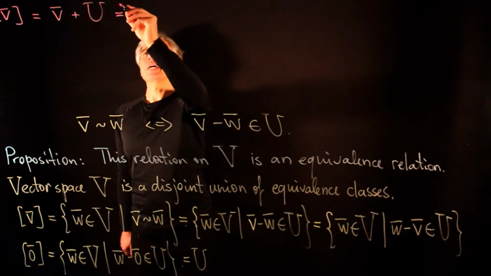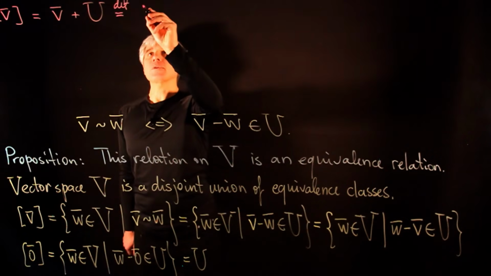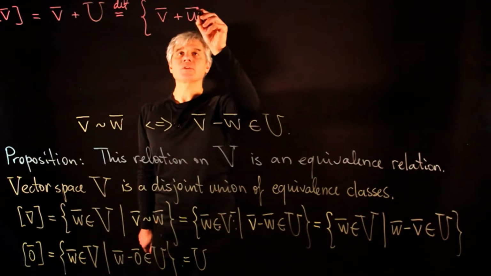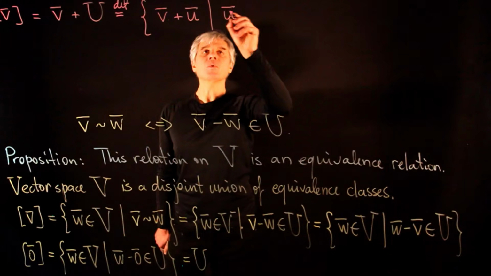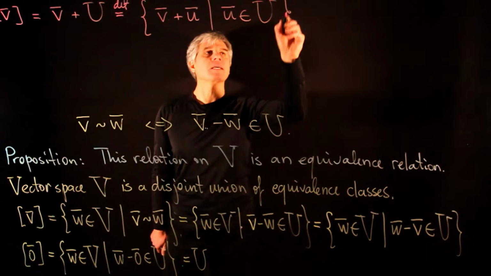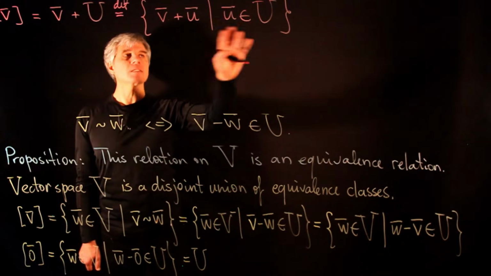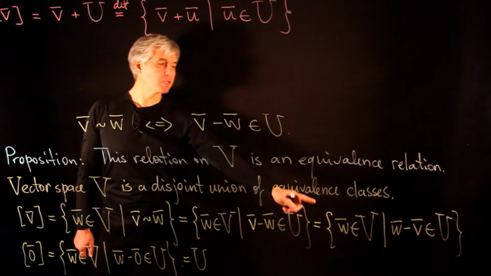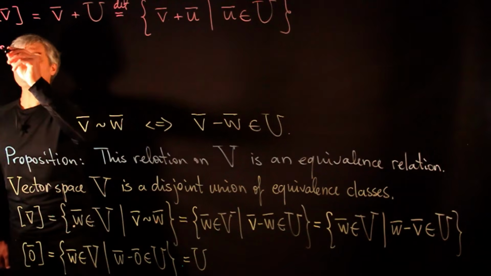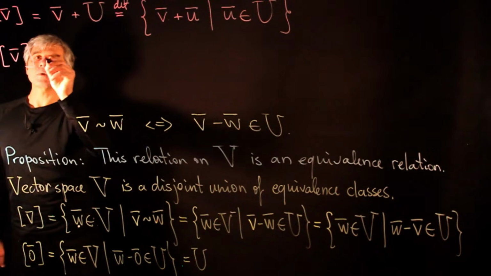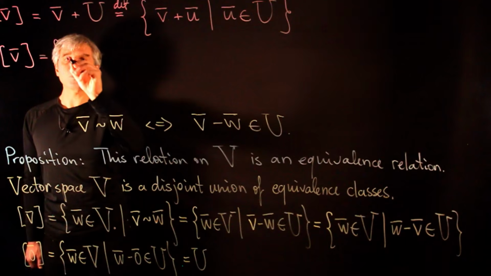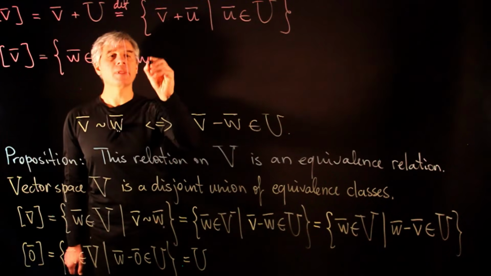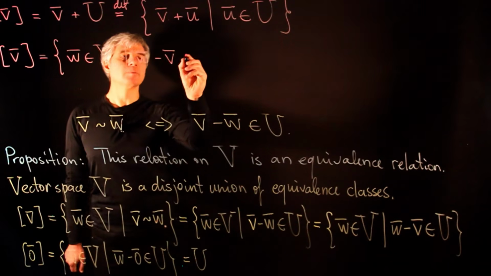By definition, this stands for the following: we take sums of v plus vectors u, where the vector u runs over this subspace U. This is the meaning of this sum. Now let us show that this is equivalent to what we had before. Before we said that our equivalence class is the set of all w's in V such that w minus v belongs to U.